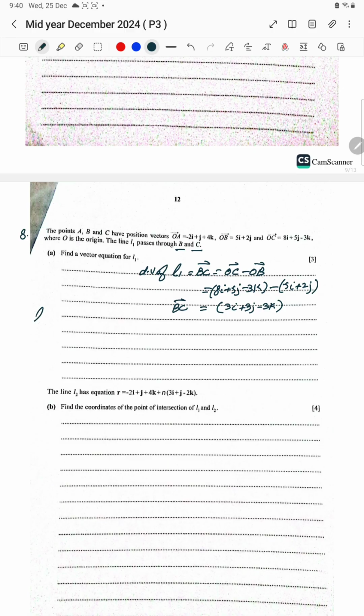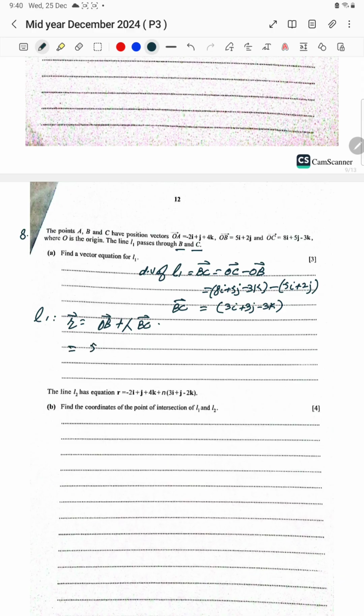So the line in vector form is r equal to OB, the first point, plus lambda times the direction vector BC.